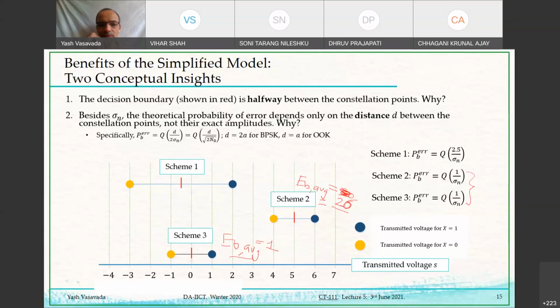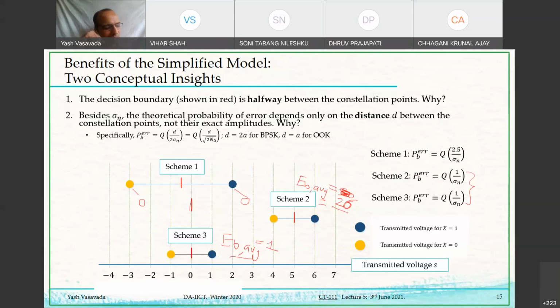We can choose scheme 1 to be centered around 0, plus or minus 2.5. Correct. We just slide these 2 points, and instead of this red boundary being away from 0, we make it at 0. This yellow point will go to minus 2.5 and this will go to plus 2.5.